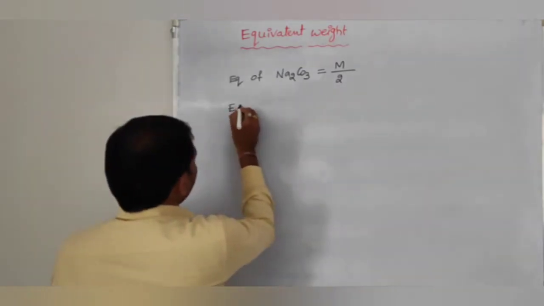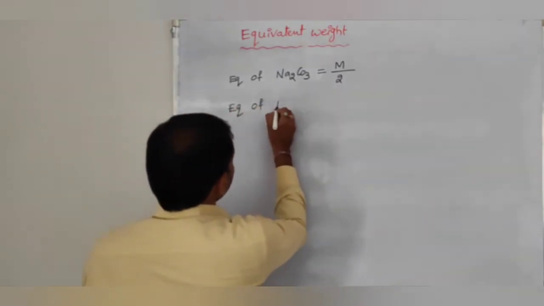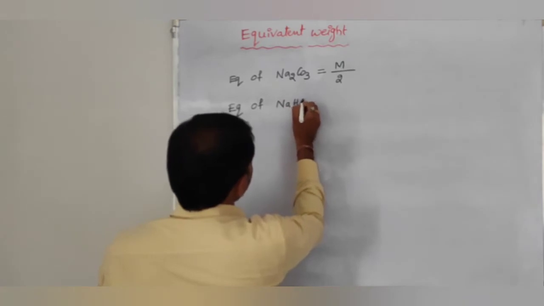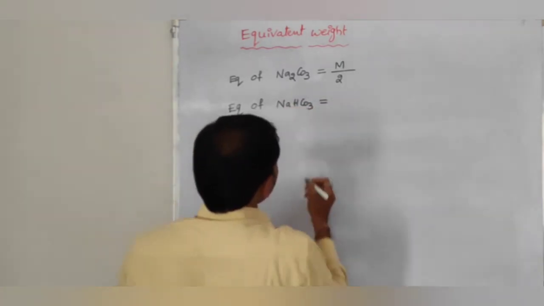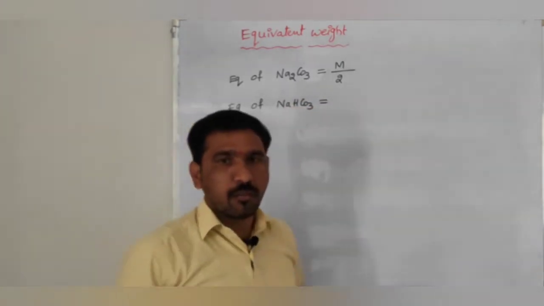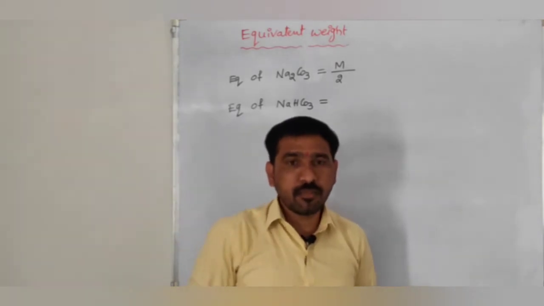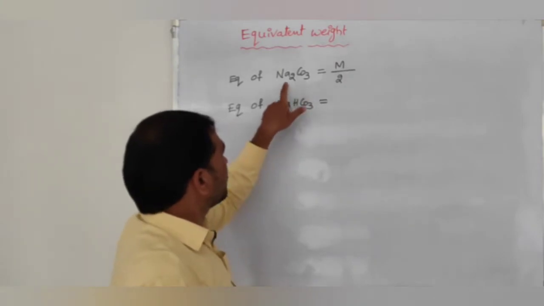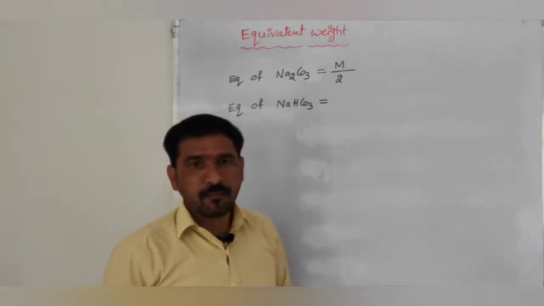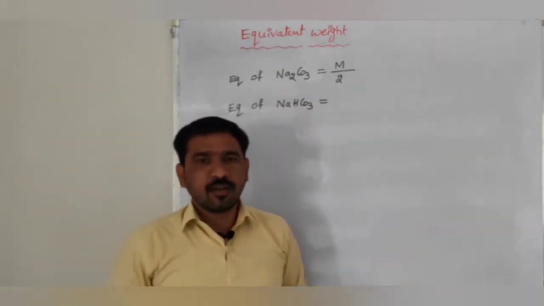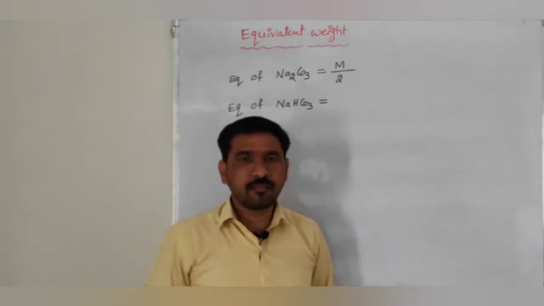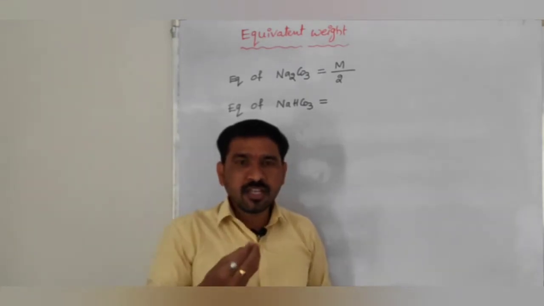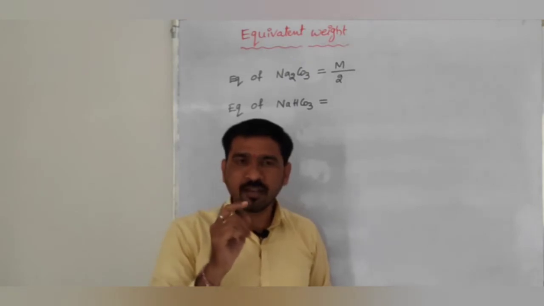Coming to the next example, the equivalent weight of sodium bicarbonate. This is also taken as baking soda. Remember, beta, no need to get confused here. This is washing soda, this is baking soda. Simply remember, like drinking water having hydrogen, eating or baking soda having hydrogen.